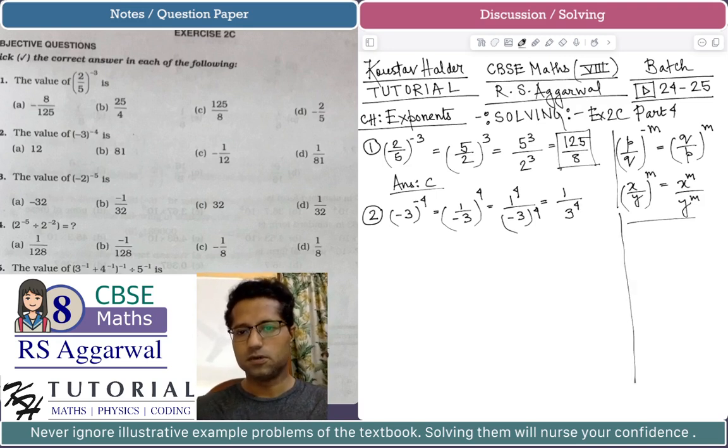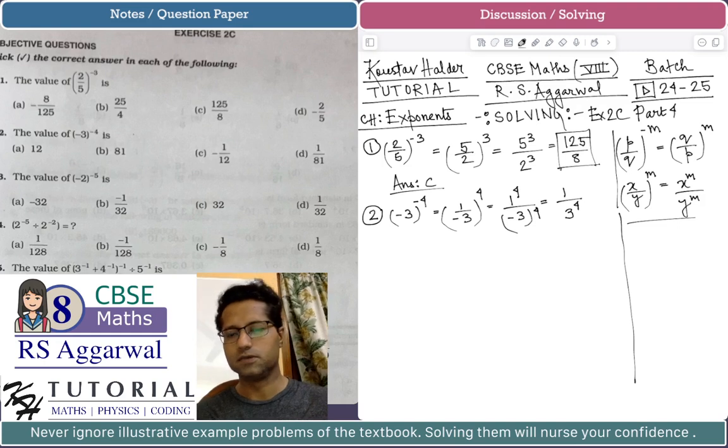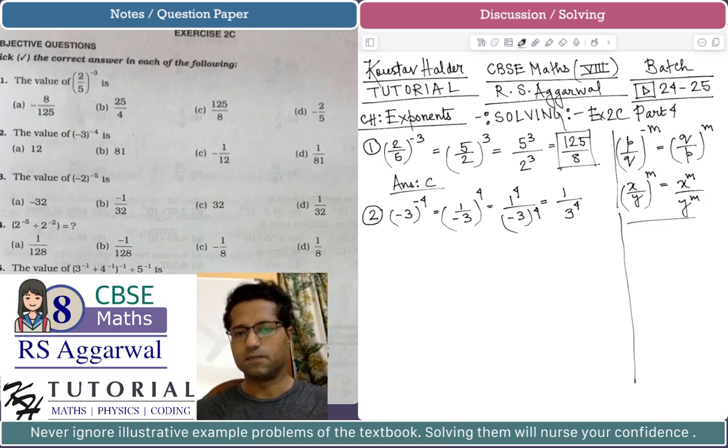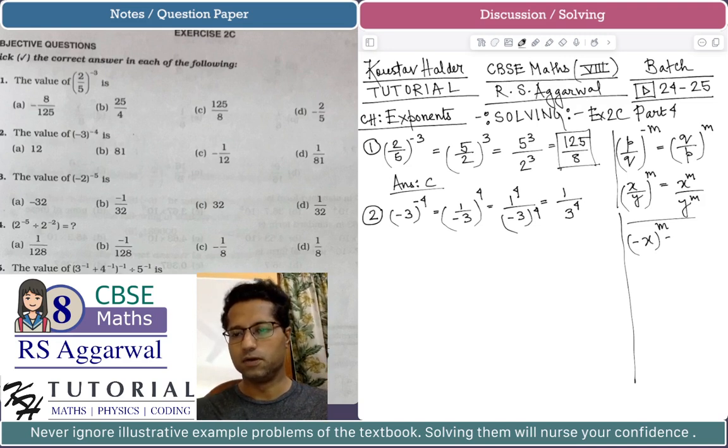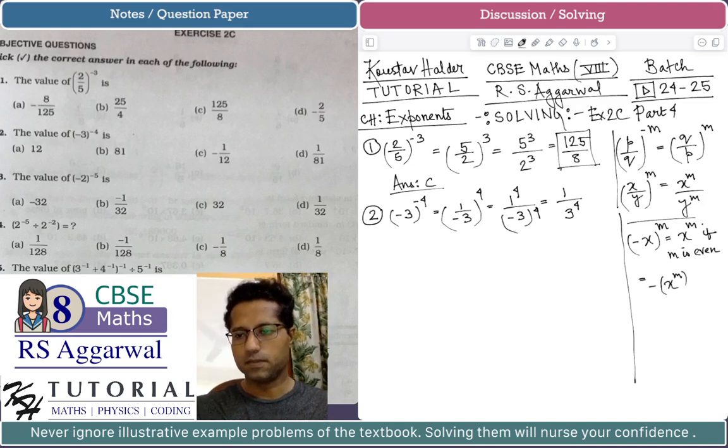While I am solving the problem, I will try my best to discuss the concepts applied. We know that for any number x and an integer m, minus x raised to the power m will be equal to x to the power m if m is even, and this will be negative of x to the power m if m is odd.